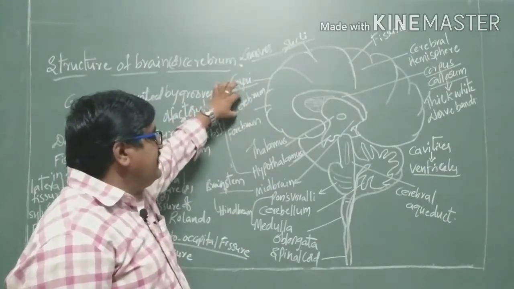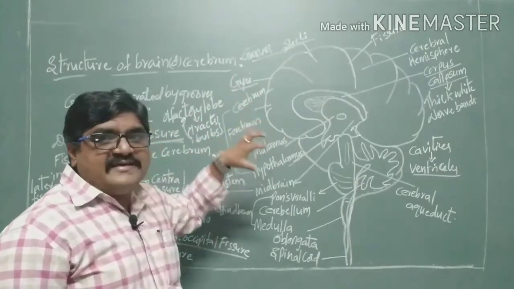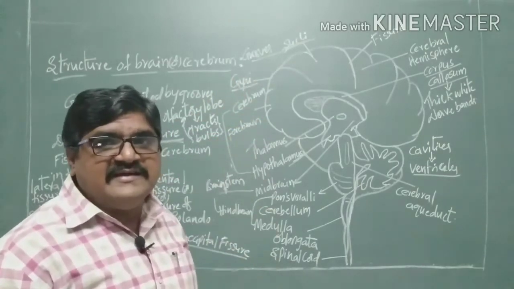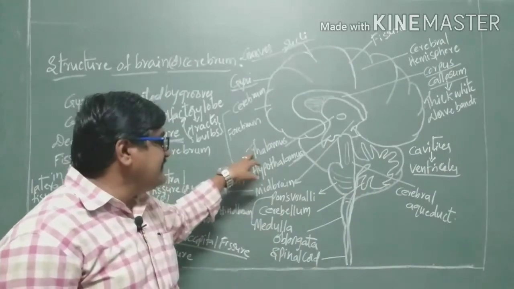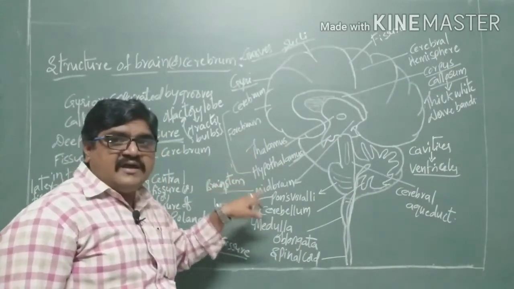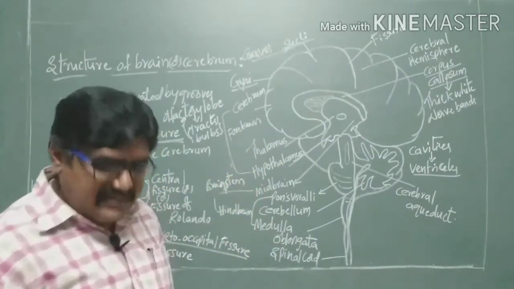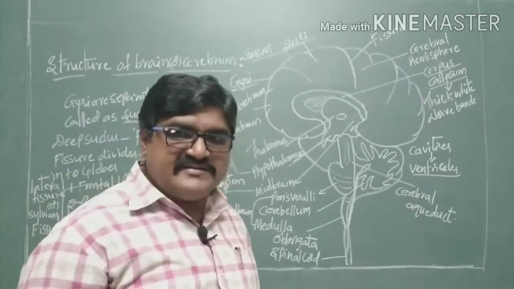One is the cerebrum and the other is the diencephalon. The diencephalon consists of two parts, the thalamus as well as the hypothalamus. What these are will now be discussed.